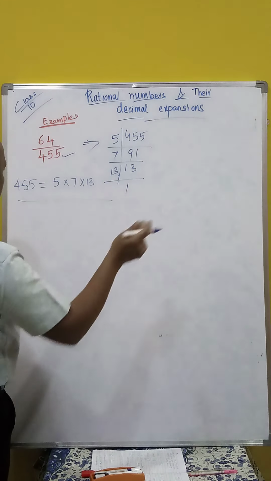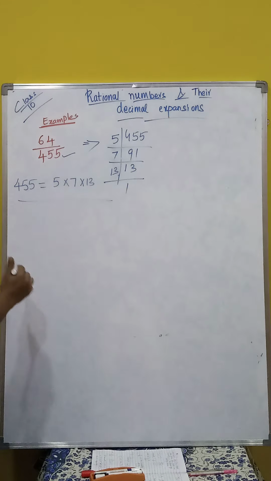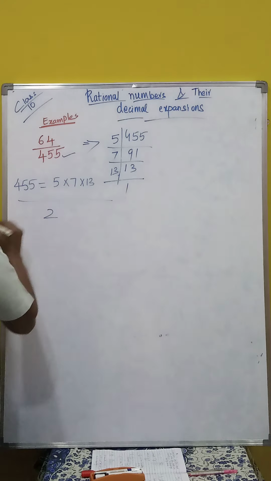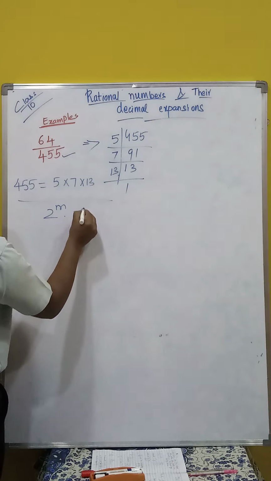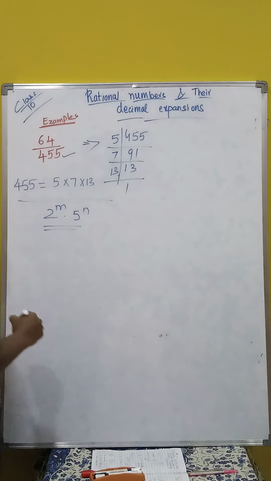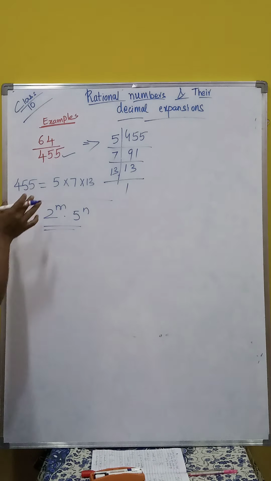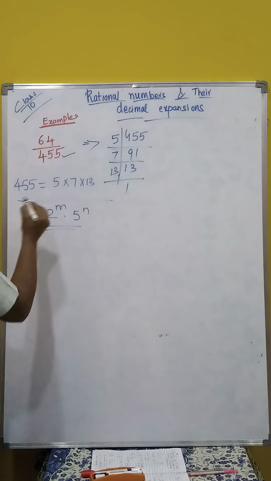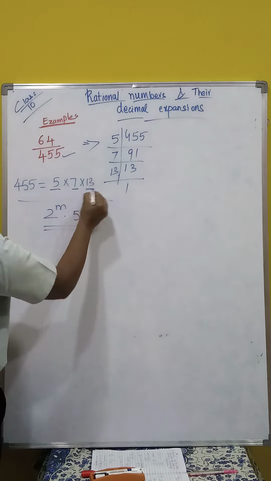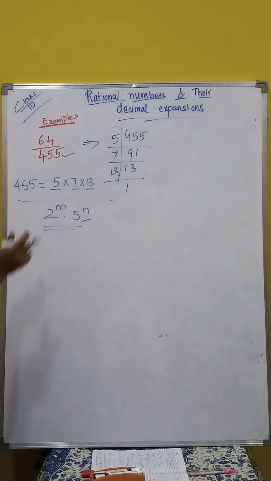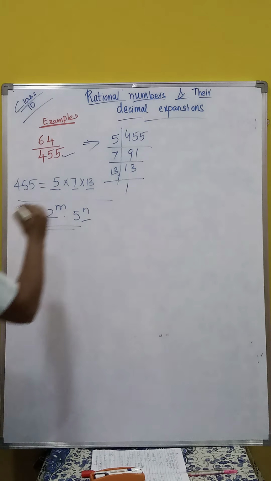Now we know that according to our theorems, if the factors are in the form of 2 power m into 5 power n, then it is terminating decimal. I think here in the 455 factors, how many are there? 5 is there. Yes. But 7 and 13, these two are different. There is no 2 in this. That's why what type of decimal?